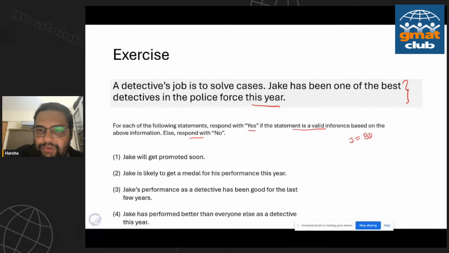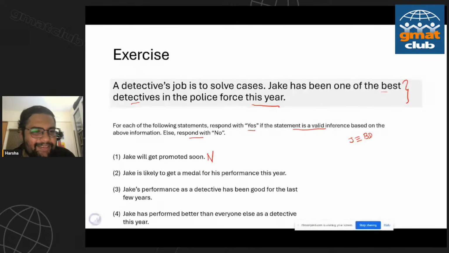Is it anywhere suggested that whoever is among the best is going to get a promotion? Maybe we are looking at a scenario where nobody's going to get a promotion this year, right? There are so many other factors that determine promotion. Would it be wise of us to just assume that somebody who is the best detective will get a promotion? Not really. The answer is no.